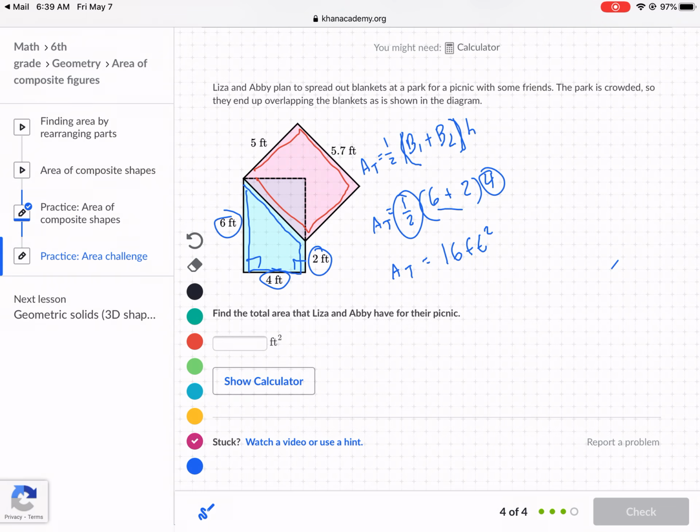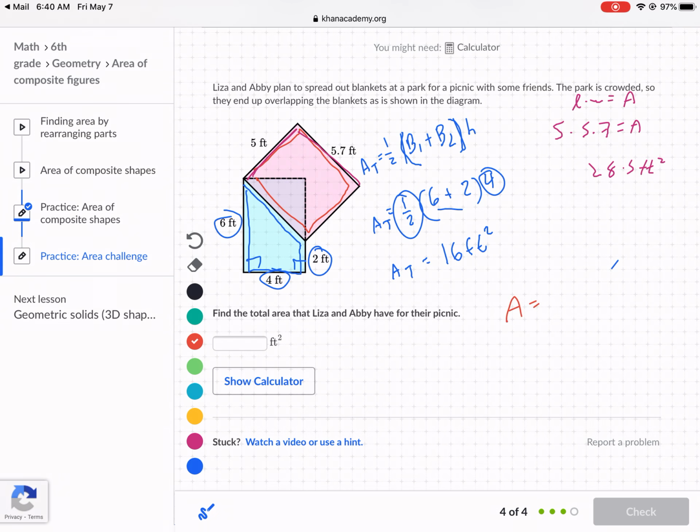Now we have the, I don't know, pink, red, whatever blanket, and that's just a simple rectangle. It already gives us that's 5. This is 5.7, so we can do 5 times 5.7. Area equals length times width. 5 times 5.7, and we get 28.5 feet squared. Now what we need to do is we just add the 2, and that is going to be our total blanket coverage.